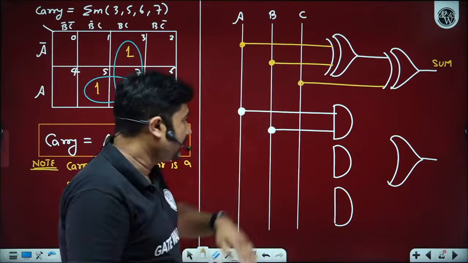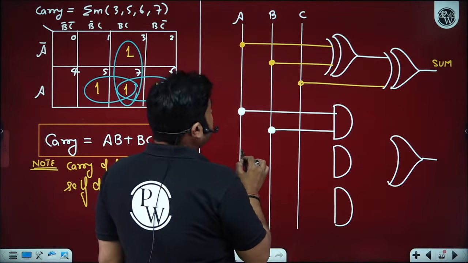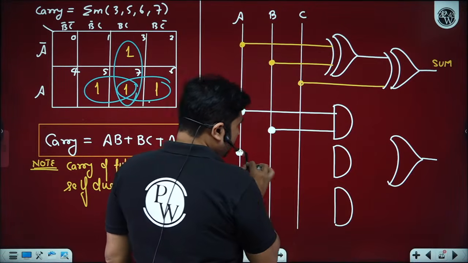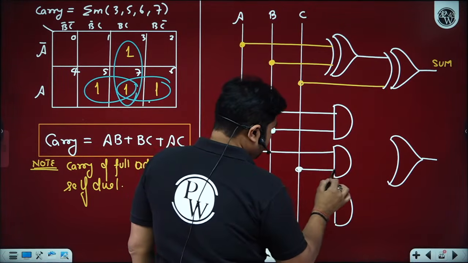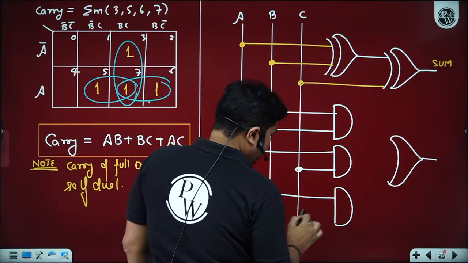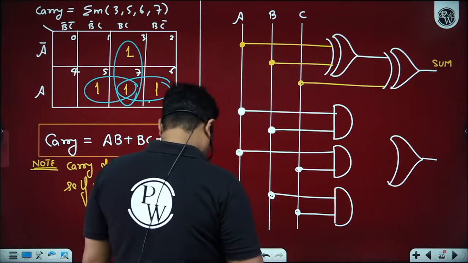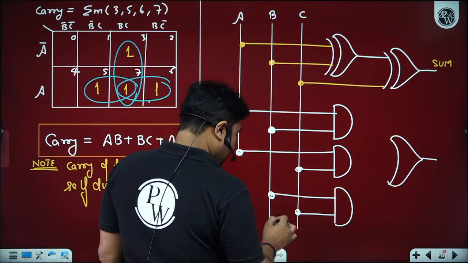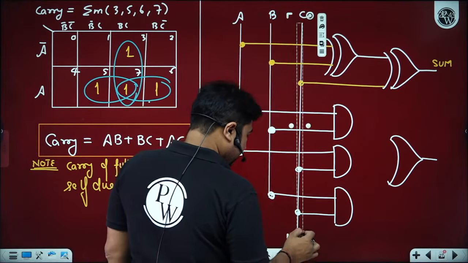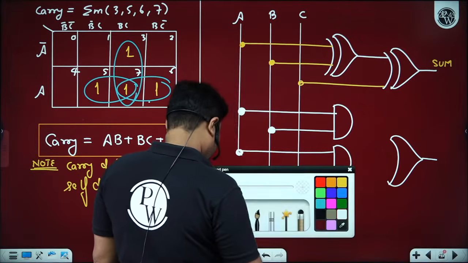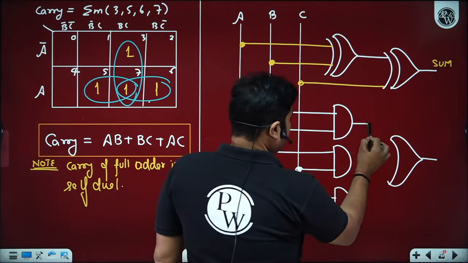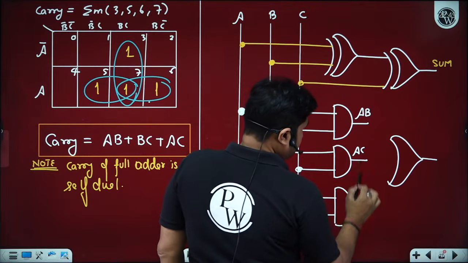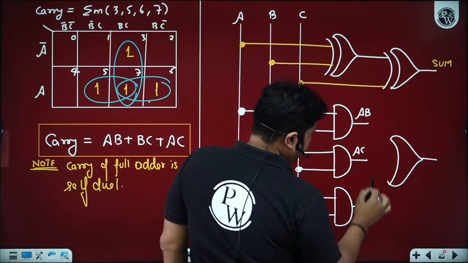Is it okay? Yes, sir. AB plus BC plus AC. So we have AC as well, and we have BC. How many of you able to understand up to this part? Please let me know by writing in the comment section. AB, AC, BC.